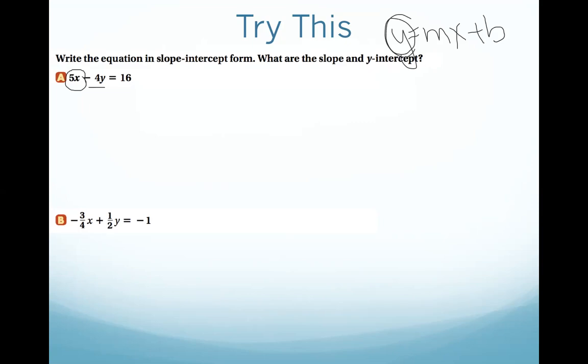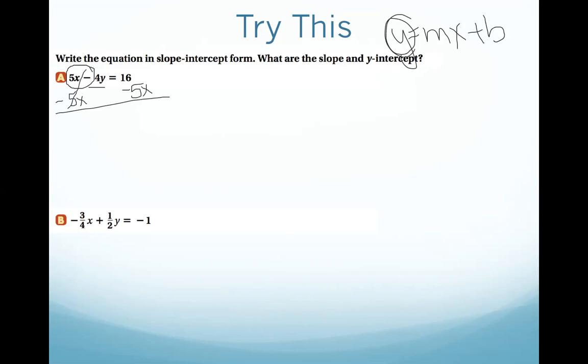I need to do something to get rid of 5x. Now, how is it attached to the y? Here, the 5x is attached to the y by subtraction, right? Which is a form of addition. So I want the opposite of 5x, that is negative 5x. Subtracting 5x from both sides, those will cancel out.